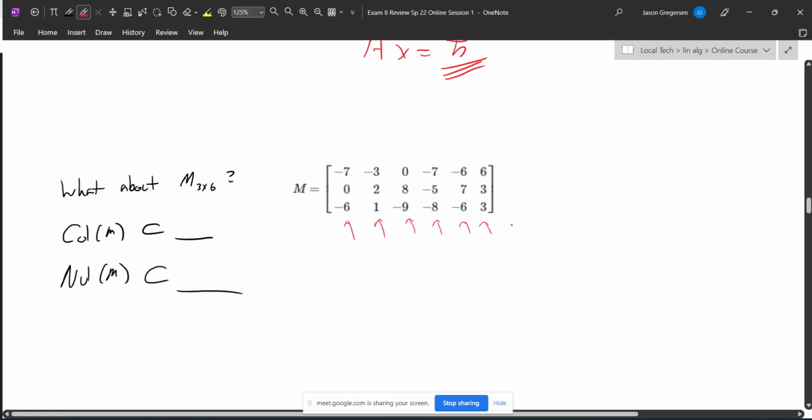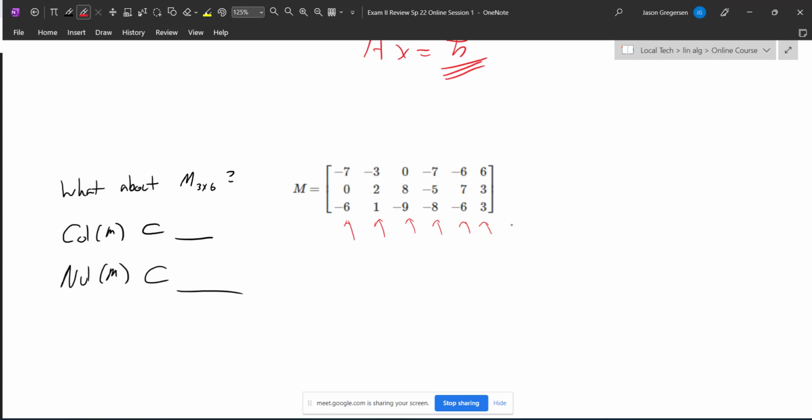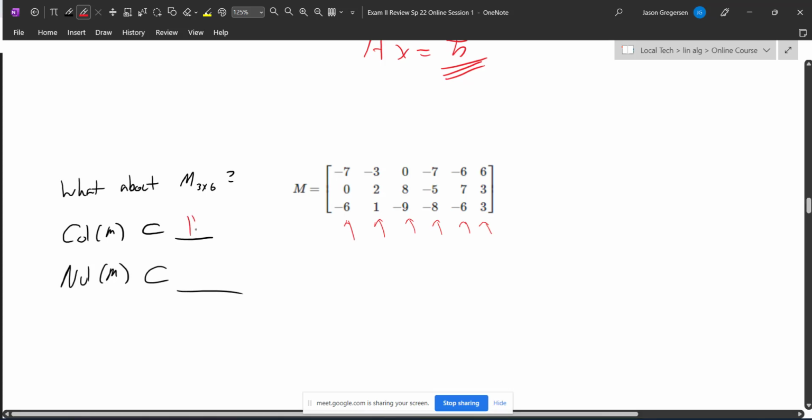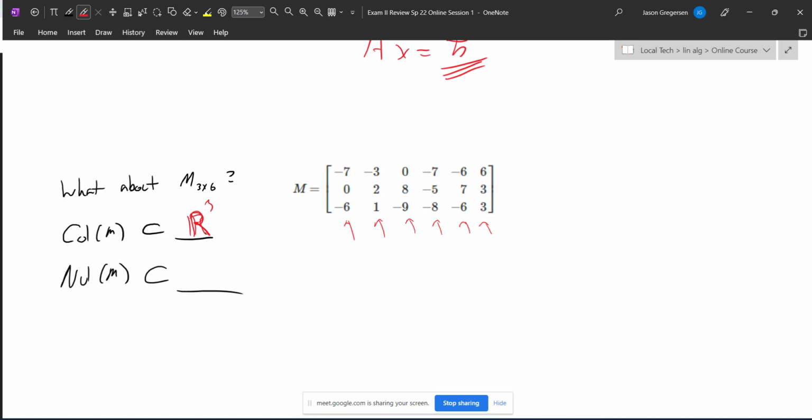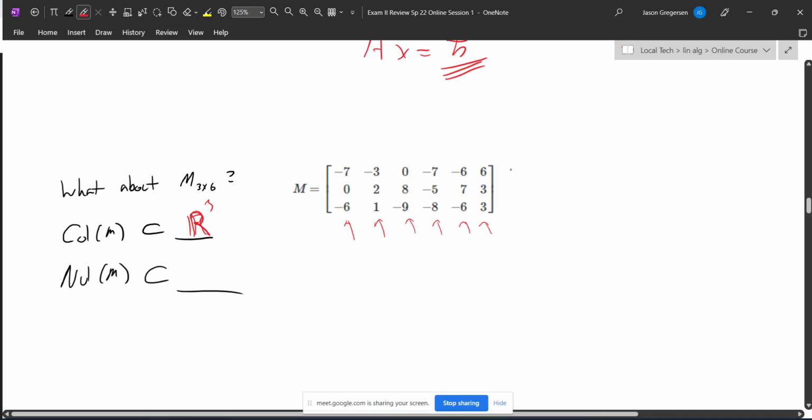So if I take linear combinations of the columns to form the column space, all of those vectors will also be in R3. So the column space is a subspace of R3. The null space are the solutions to Mx equals 0. Just for me to be able to multiply this M by some vector x, x would have to be a vector in R6.